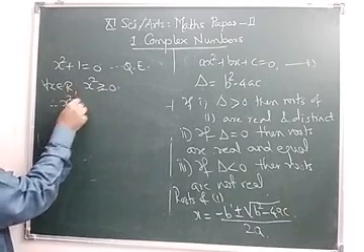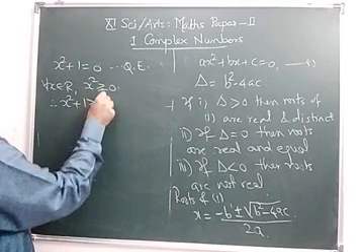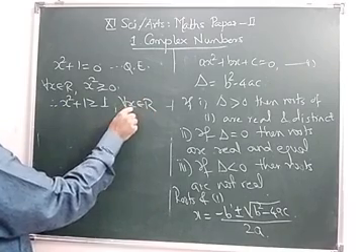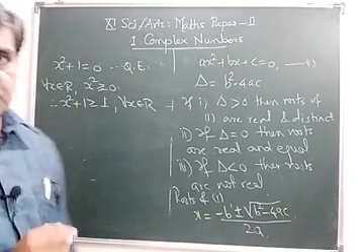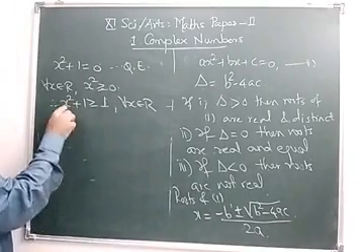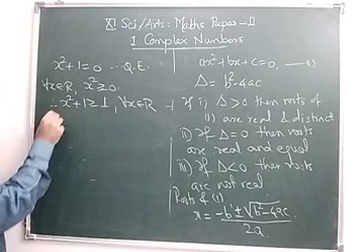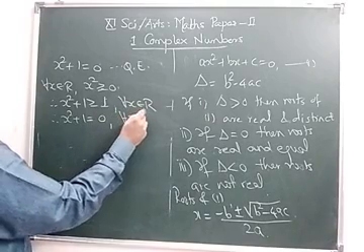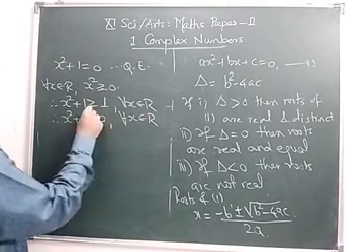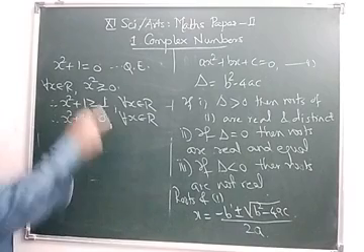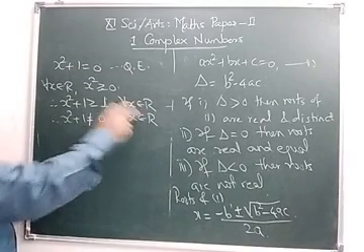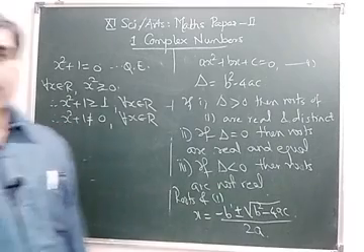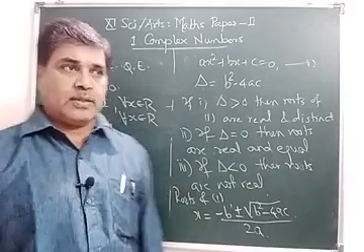Therefore, x square plus 1 is greater than or equal to 1 for every x belongs to R. This is the symbol for every, for any, for each. And therefore x square plus 1 is not equal to 0 for every x belongs to R. This equation has no root in the set of real numbers.